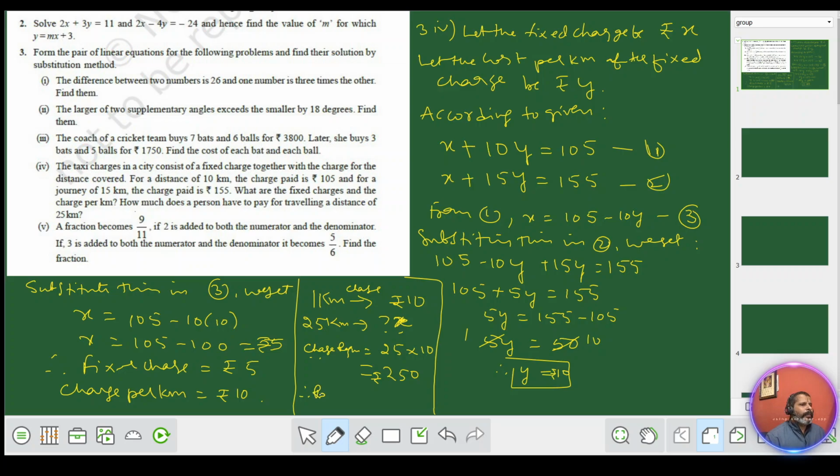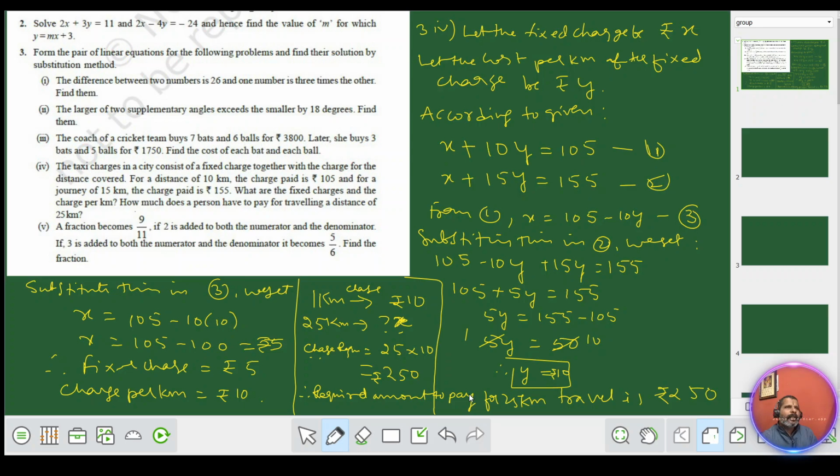Person required amount to pay for 25 kilometers is rupees. How much we got? 250.